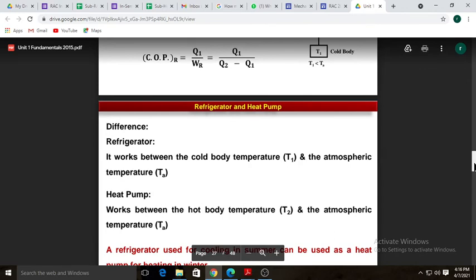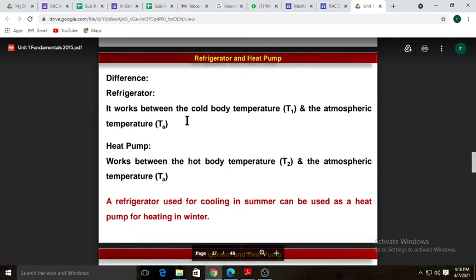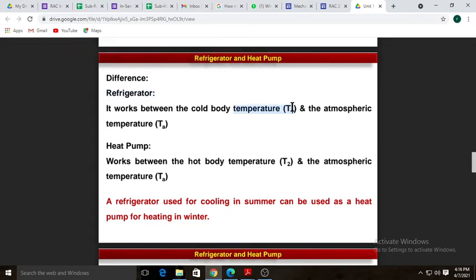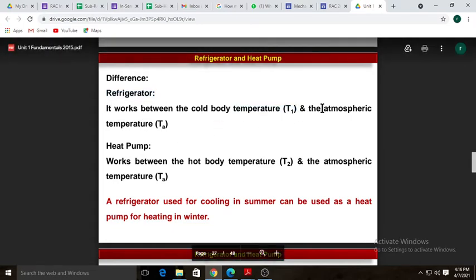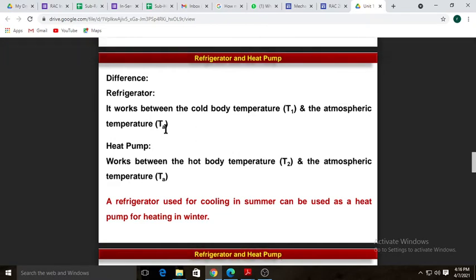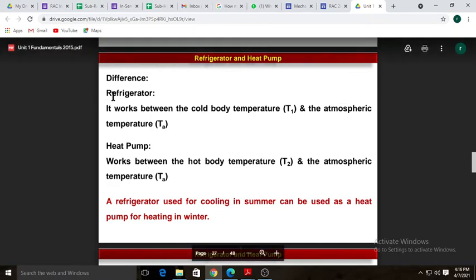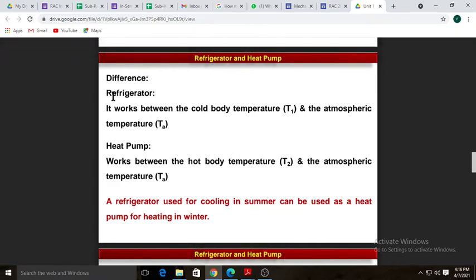Then what is the difference between a refrigerator and a heat pump? A refrigerator works between the cold body temperature T1 and the atmospheric temperature T of A. It is a device which works between the atmospheric temperature and what we call the cold space.